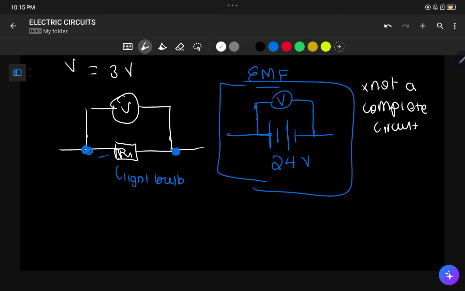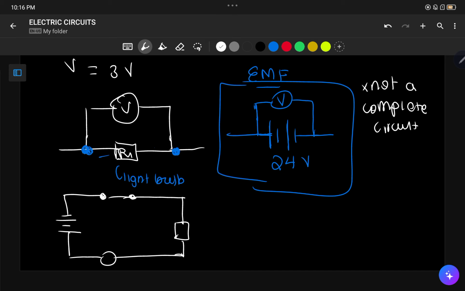Okay, and then this is different from what? From terminal potential difference. In a terminal potential difference, there will be a complete circuit. That is what makes terminal potential difference distinct from EMF. So let's say, for example, you have this illustration, and they say this is the switch, this is the resistor, and this is an ammeter, whatever.